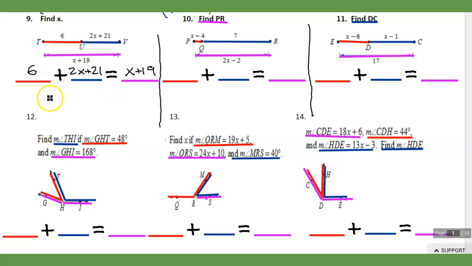So we'll have 2x plus 27, when you add the 21 and 6 together. And then we can subtract x on both sides and subtract 27 on both sides. Subtracting x on both sides gives us x, and subtracting 27 from 19 gives us -8. So here x equals -8, and that is our final answer.